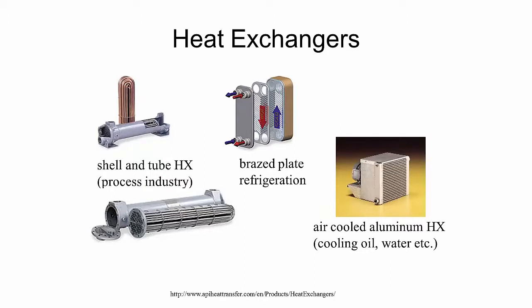Interestingly, heat exchangers are one of the most important heat transfer technologies that we use in industrial systems. And these are just a few different types of heat exchangers. We routinely use heat exchangers in everyday life. I think that, if you're in a car, you know that the radiator in a car is a heat exchanger.